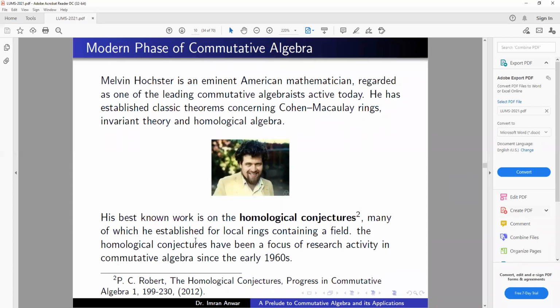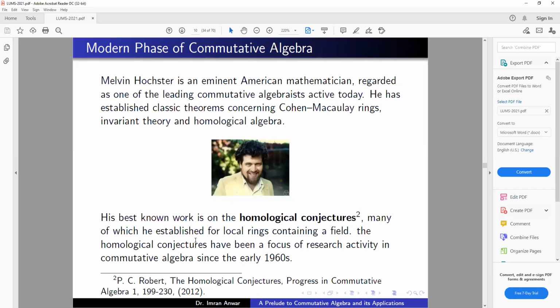His major contribution is this: if you Google the homological conjectures, Google will open up a page with a list of questions that he formulated, many of which he established for local rings containing a field. The homological conjectures have been a focus of research activity in commutative algebra since the early 1960s.